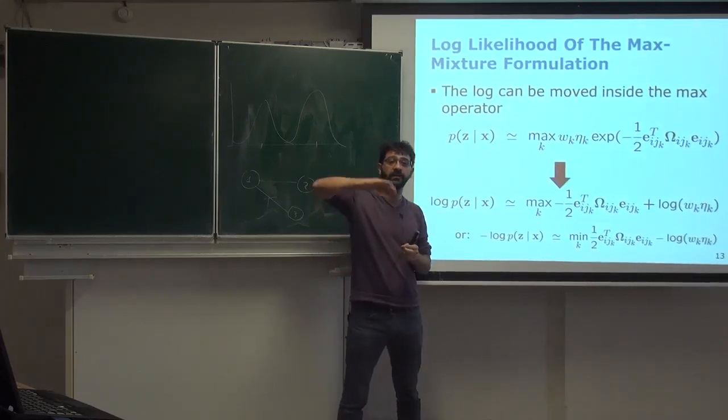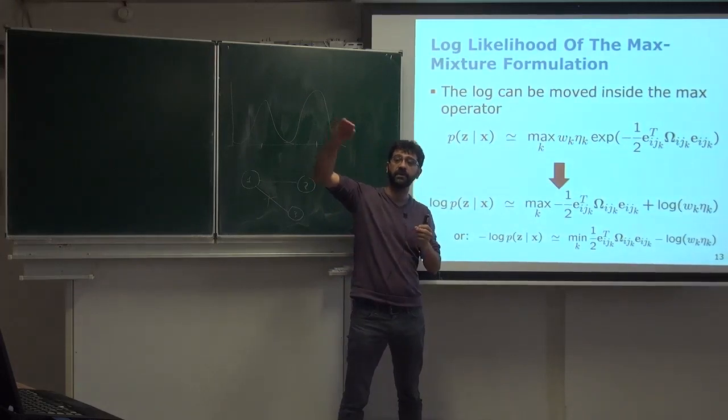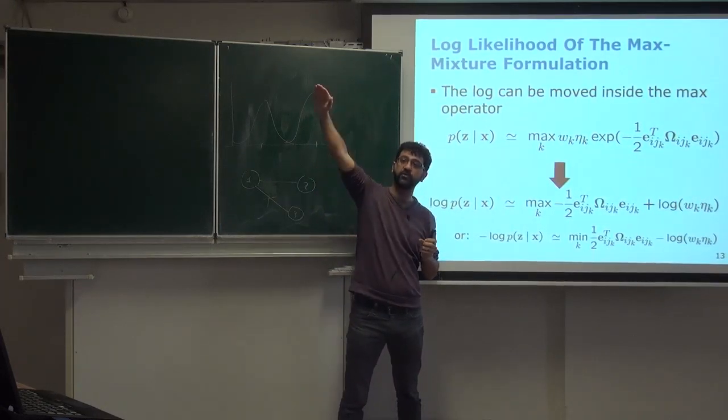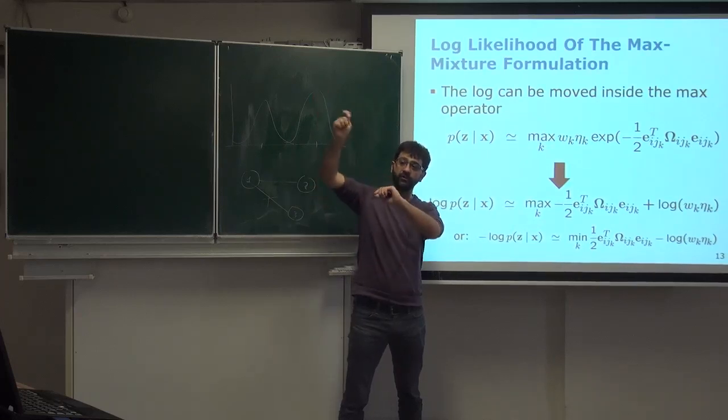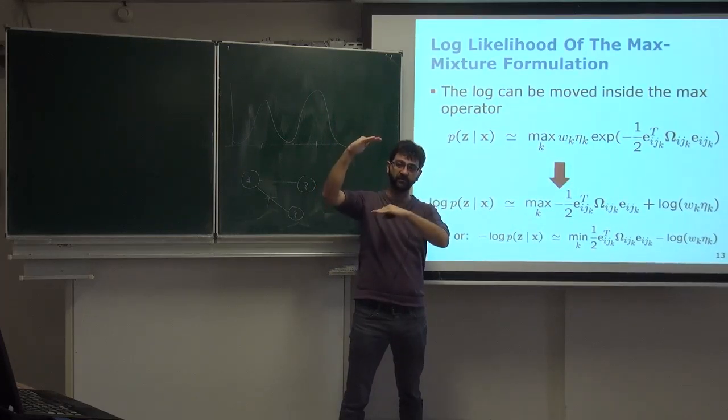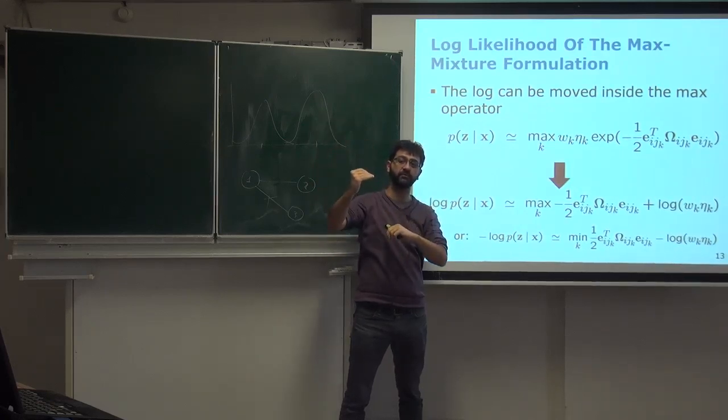So since we want to take the maximum, if you take a function of a value that increases monotonically, we are not changing the order of the values in some way. We are only changing how they are squeezed together. So the maximum will still be the same one as before. No? Does it make sense?